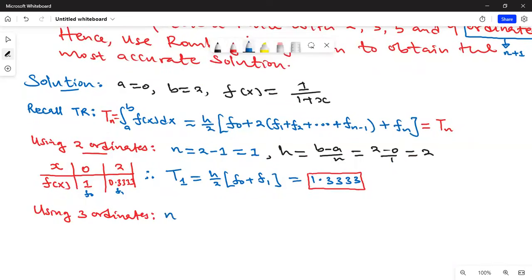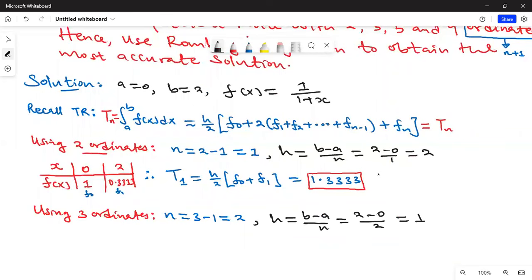That n will now be equal to 3 minus 1, because n must be 1 less than the number of ordinates, which is 2. So once we have found our n, we can now compute the step size. h is equal to b minus a over n, that is 2 minus 0 over 2. And so in this case, our h is equal to 1.